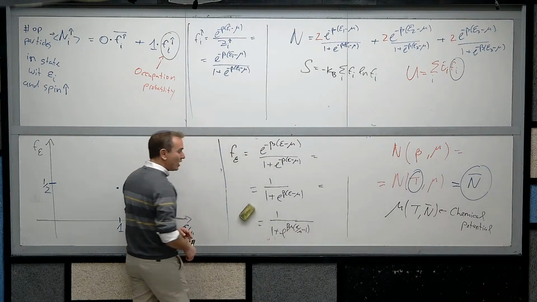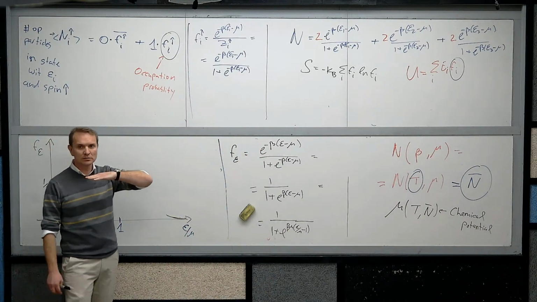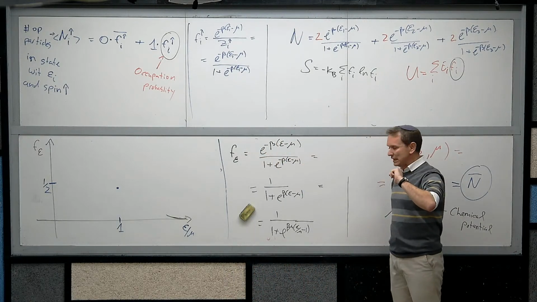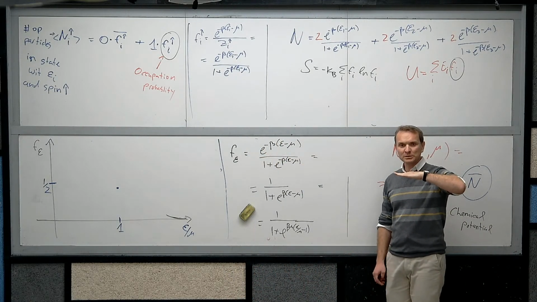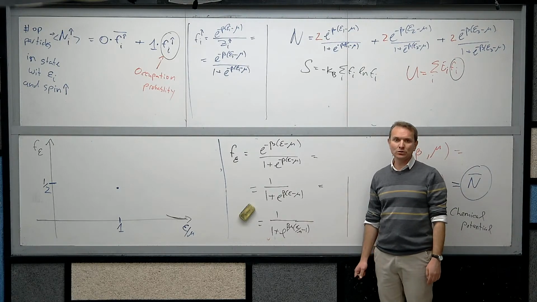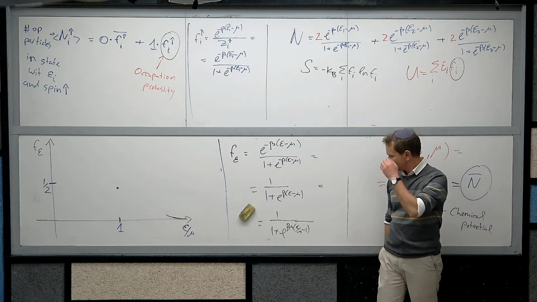Okay. Now our epsilons are energy levels, and all the energies are defined with respect to energy equals 0. So epsilon attains only positive numbers. Okay.